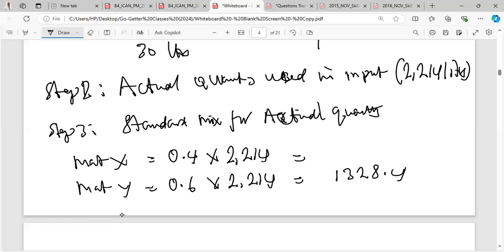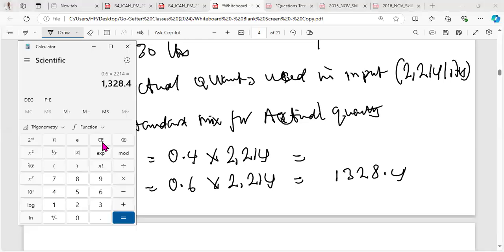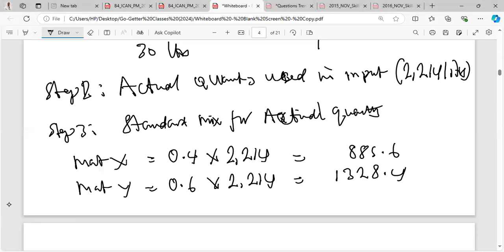Now let's do the second one. 2214 times 0.4 is 885.6. Now this is actual quantity standard mix. Okay, so that's what I'm trying to derive here.